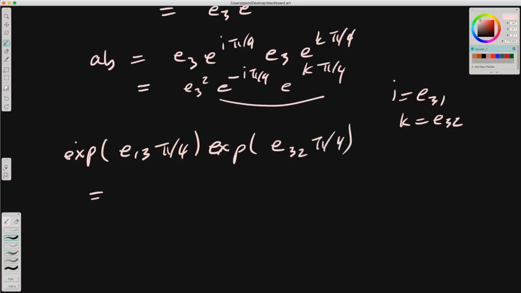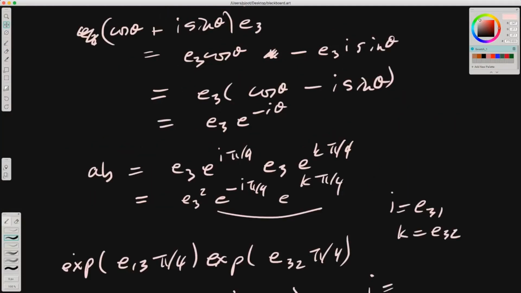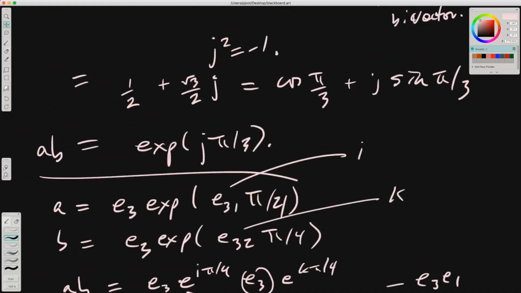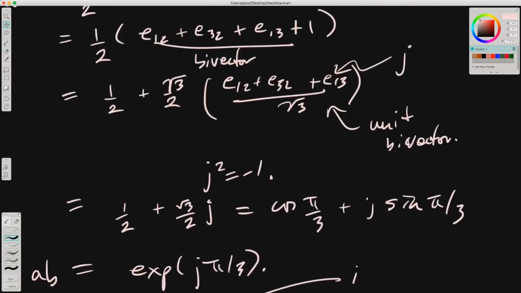We've just found that that equals e to the J pi by 3, where J was E12 plus E32 plus E13.